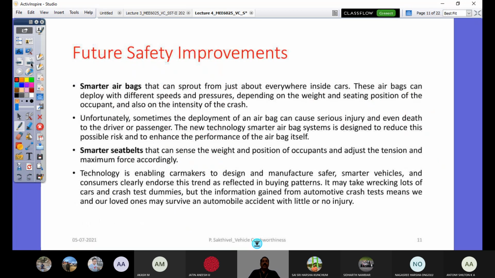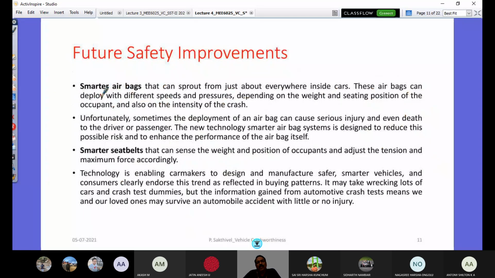And future safety improvements, if you look at it now, have not reached their final stage. It's a thriving field, and people are making restraint systems more and more advanced. They make the passive restraint systems smarter and smarter, so there are smarter airbags and smarter seat belts.